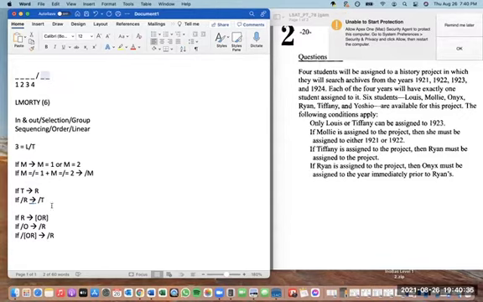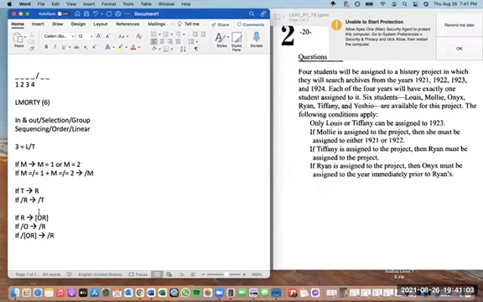So if we put O out, we also have to put R out, and if we put R out, we also have to put T out, and then we aren't going to have enough students to assign to the project. So what that means is I can't actually trigger that by putting O out. So O actually always has to be in.